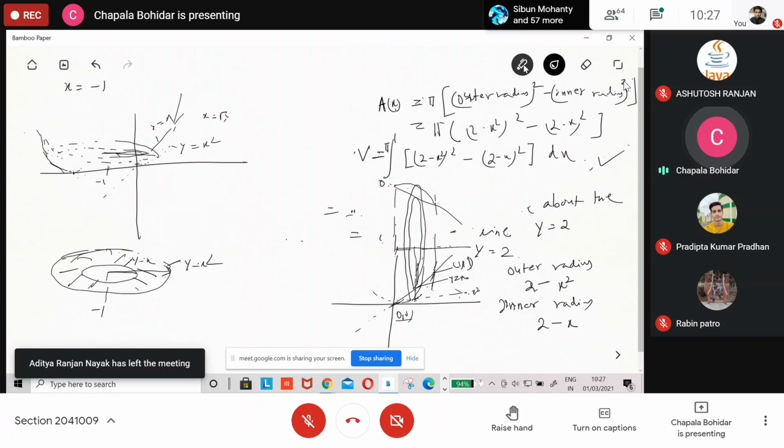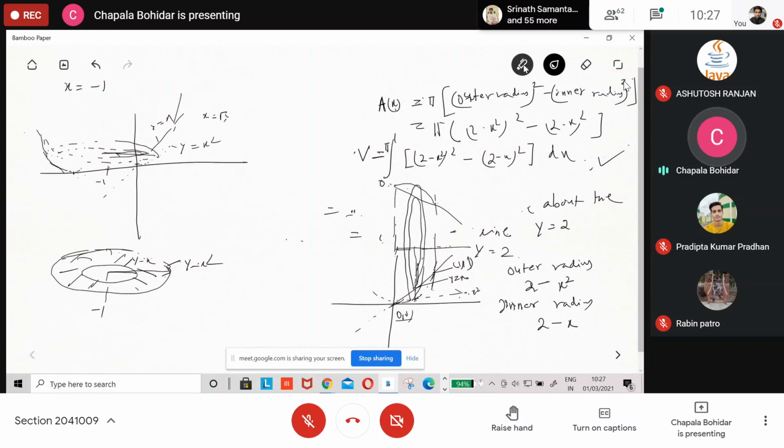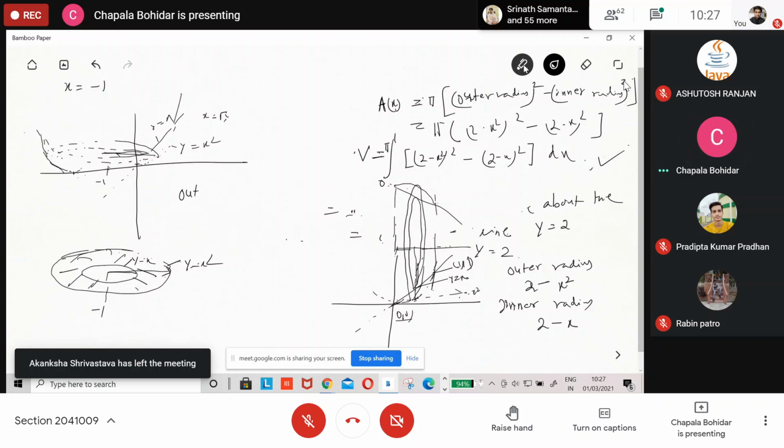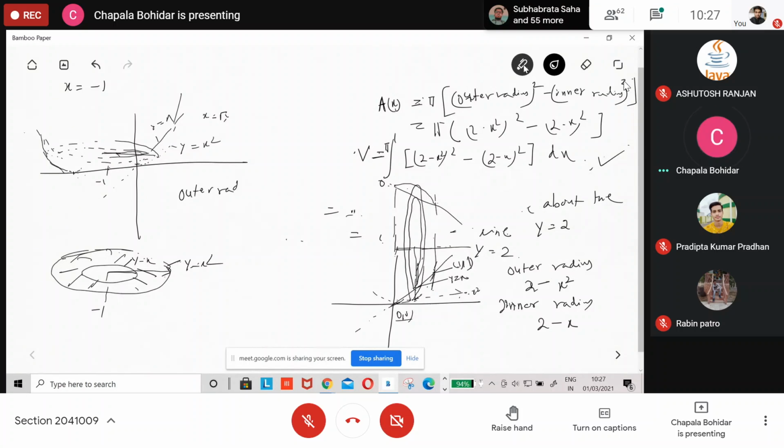So what is the outer radius? If you go by right minus left, it is y is equal to x square. So the outer radius is, sorry, it is in the form of y, so x is equal to root y, and x is equal to y.